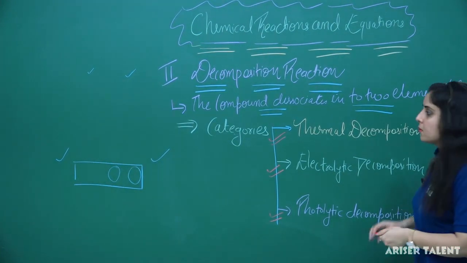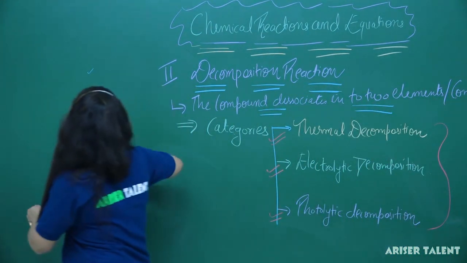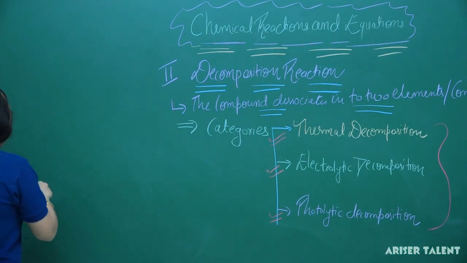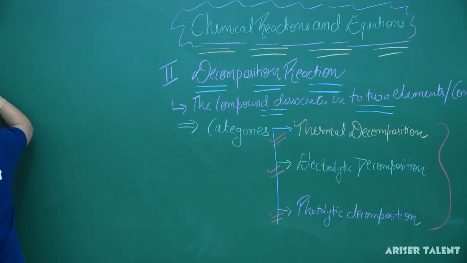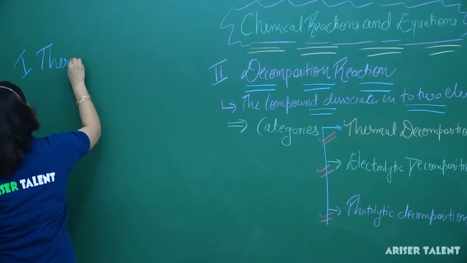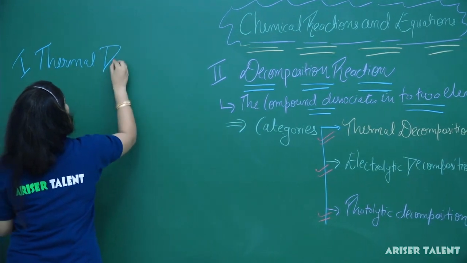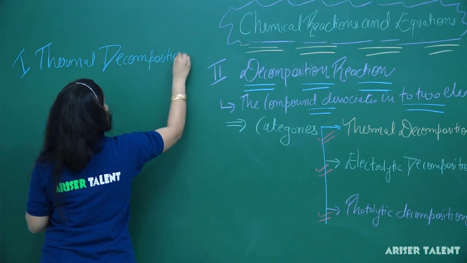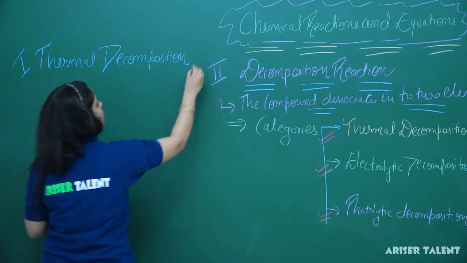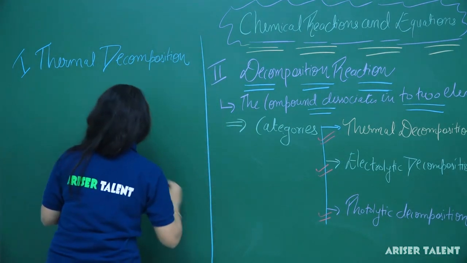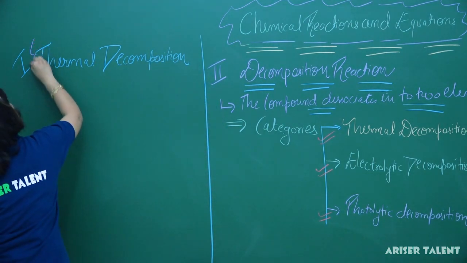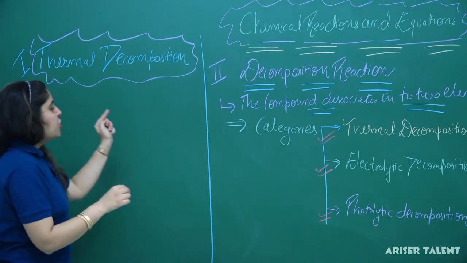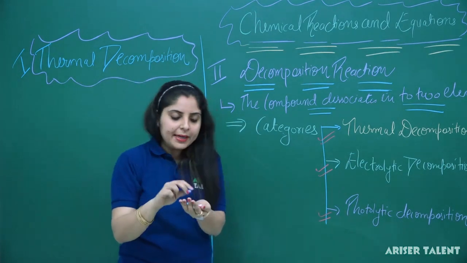Now we have the three categories of the decomposition reaction that we will deal with one by one. Our first category is thermal dissociation, or we may say thermal decomposition. So thermal decomposition is the decomposition in the presence of heat.